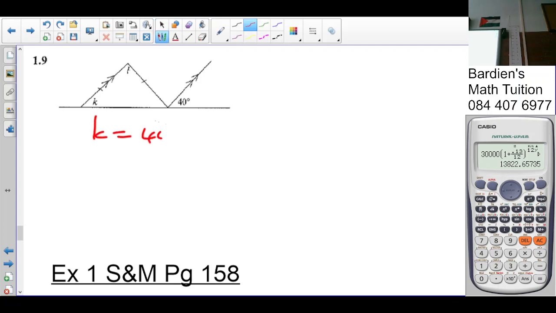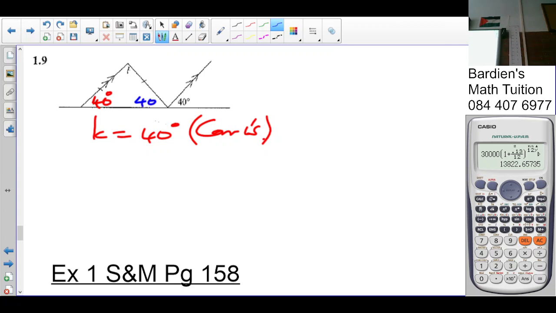K is equal to 40 degrees. Corresponding angles, okay, there are no parallel lines. So that is 40 degrees. Now what? L, yes? You all agree L is 40 degrees, right? Don't tell lies to yourself. Can you see? This angle here is actually 40.